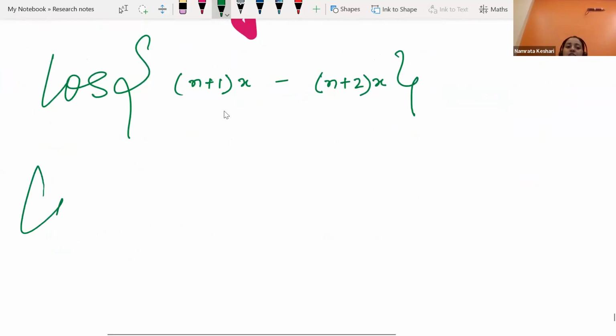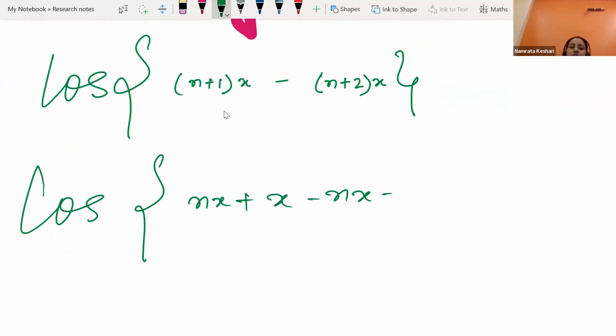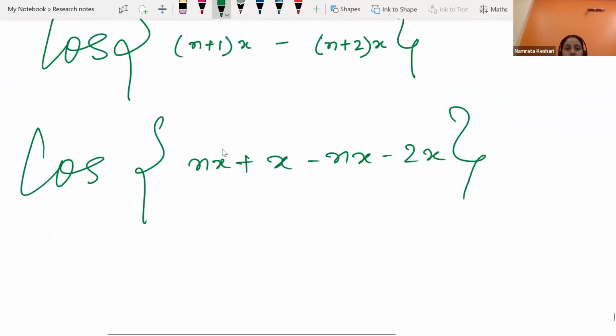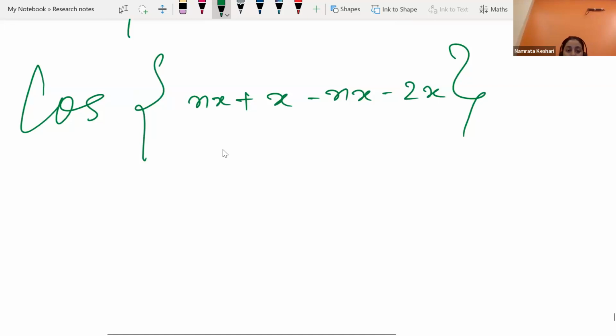Let's simplify. Cos of (nx plus x) minus (nx plus 2x), right? What are we left with? Let me know. Ma'am, we can cancel.